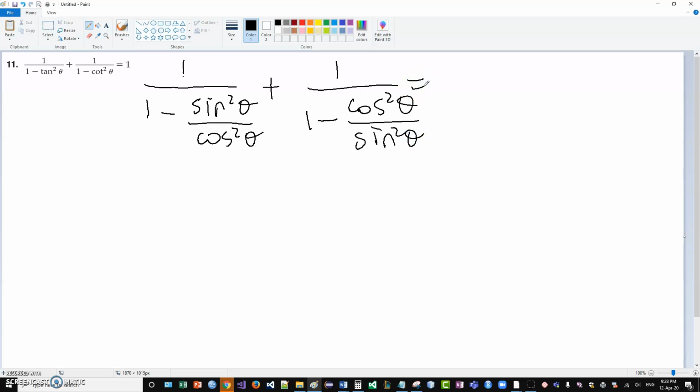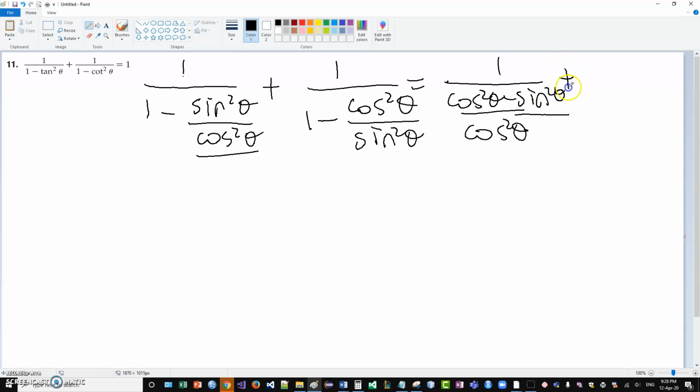Let's add each denominator. So it's 1 over, now right here the common denominator is cosine squared theta, so cosine squared theta minus sine squared theta, plus 1 over sine squared theta minus cosine squared theta, over sine squared theta.